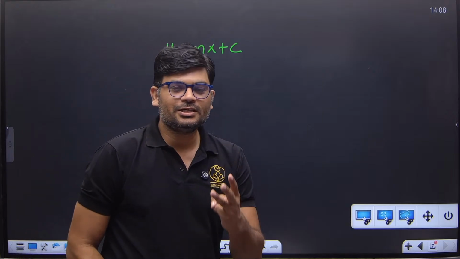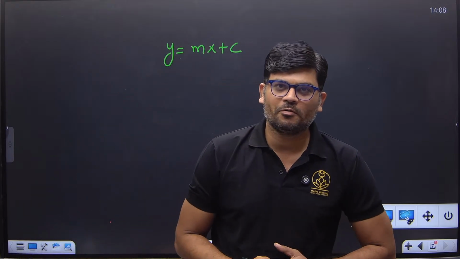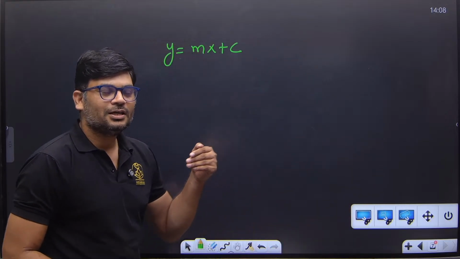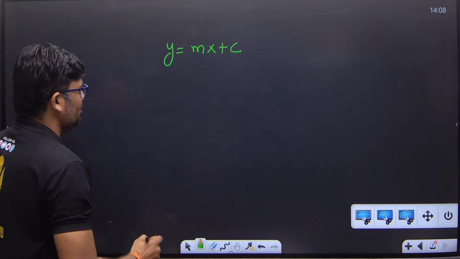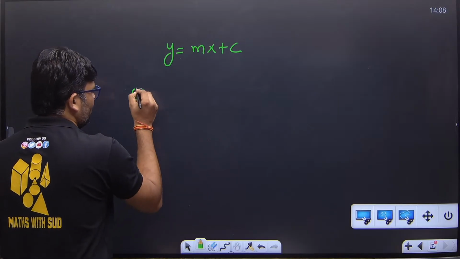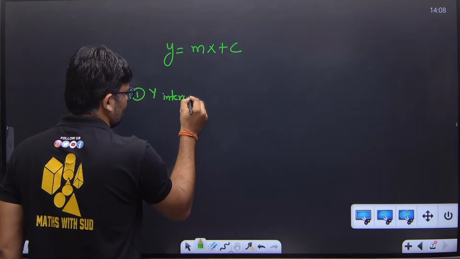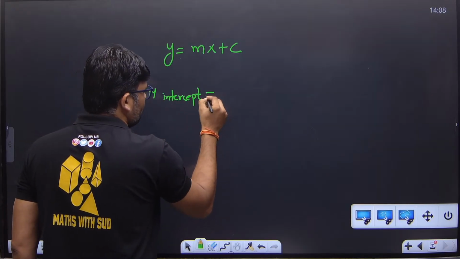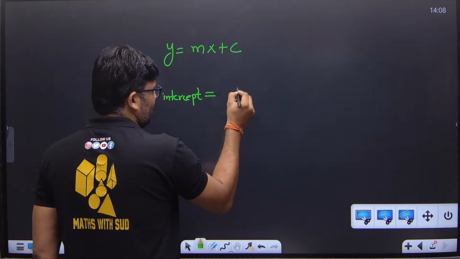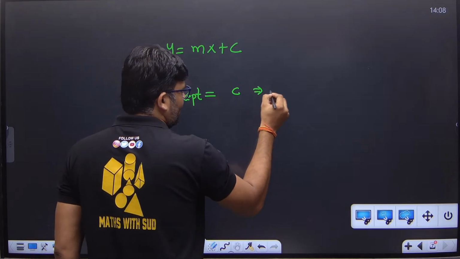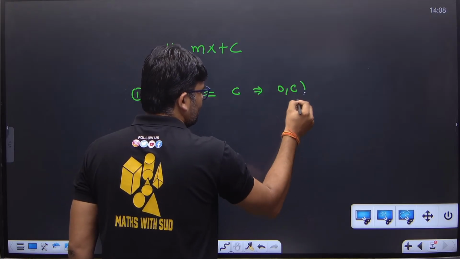So the three things that should immediately come into our mind and the corresponding coordinates. The first thing that I taught you on that day is y-intercept, which is also known as c, and the coordinate is 0 comma c.